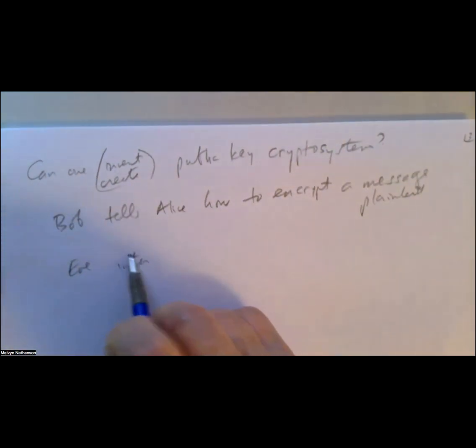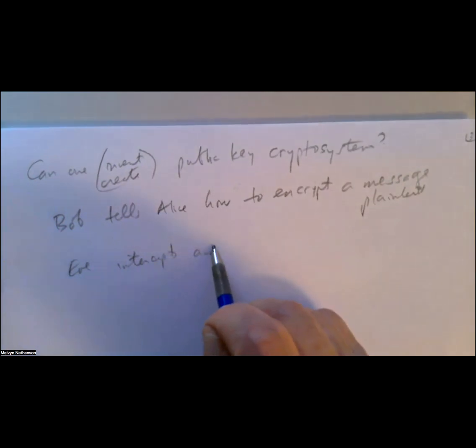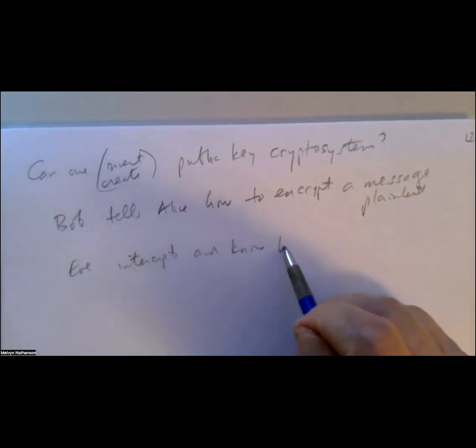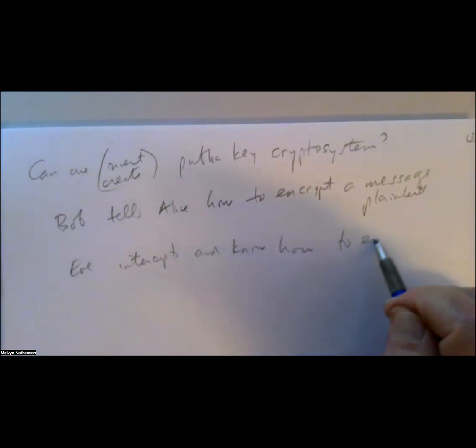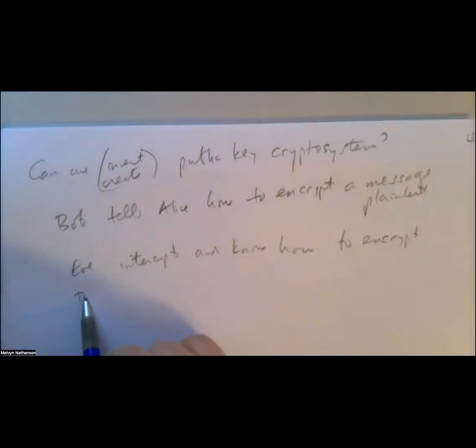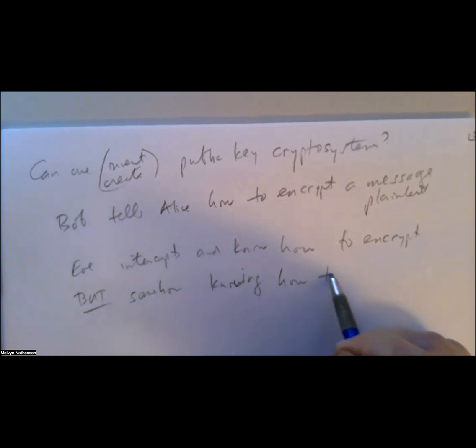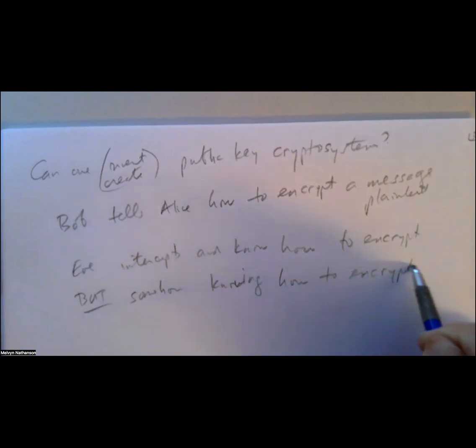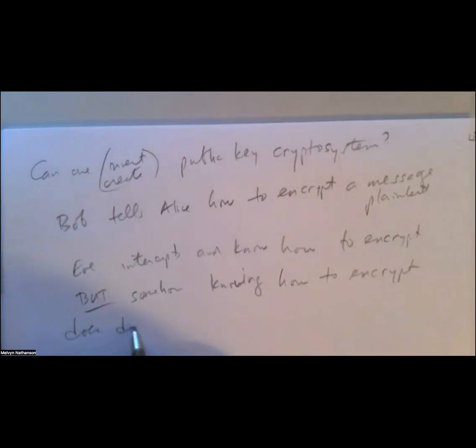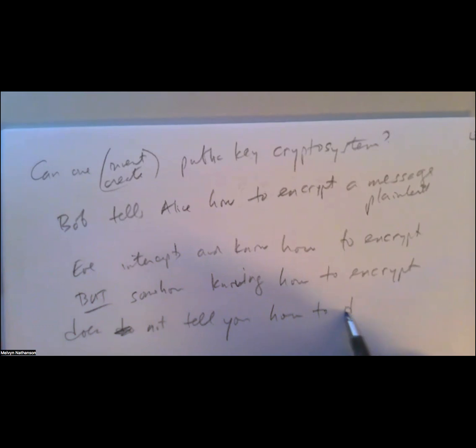Eve intercepts and knows how to encrypt because she intercepted the message. She knows what to do, but somehow knowing how to encrypt does not tell you how to decrypt.